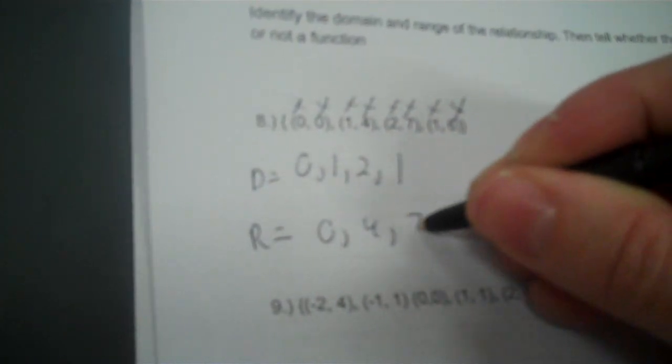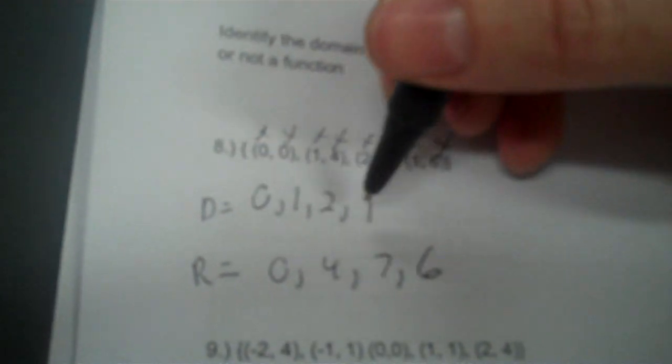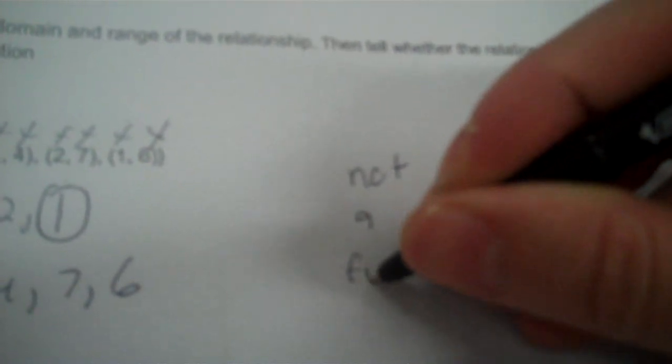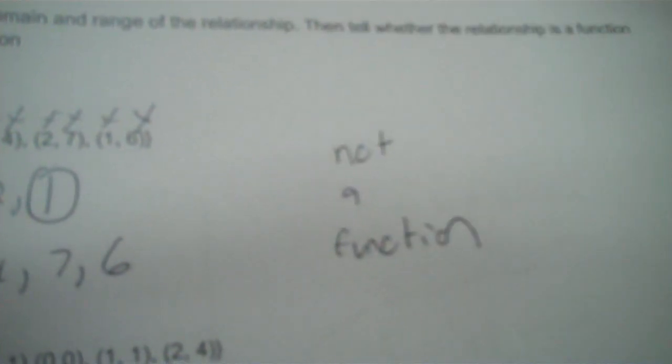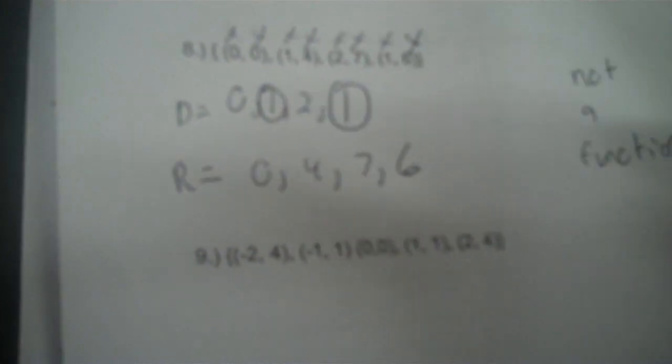The Y's are the range. 0, 4, 7, 6. Okay. Do you have any repeats in your domain? Yeah, you do. So that's not a function, because of the repeated value of 1. 1 matches up to 2 different numbers, so that's not a function.